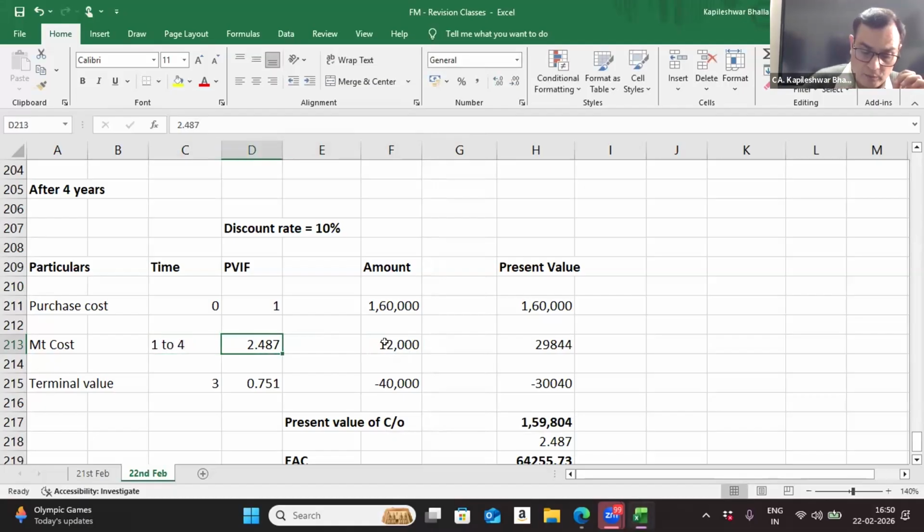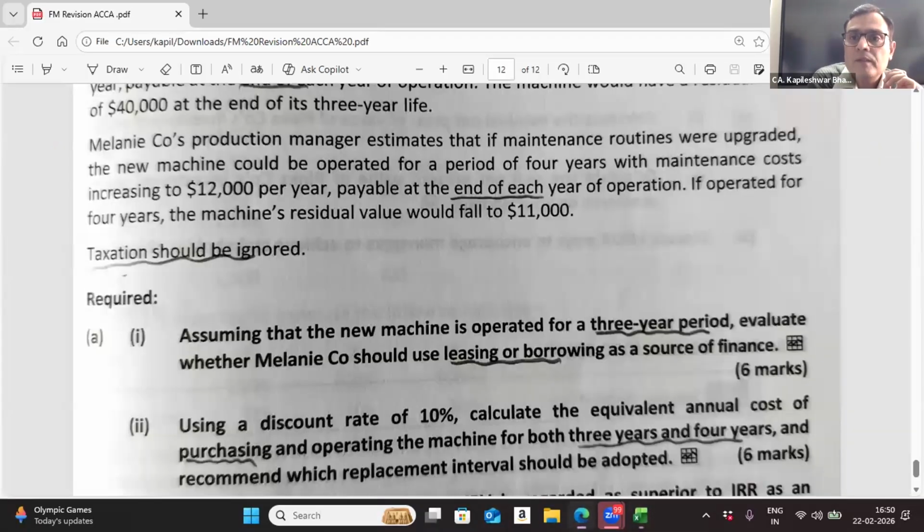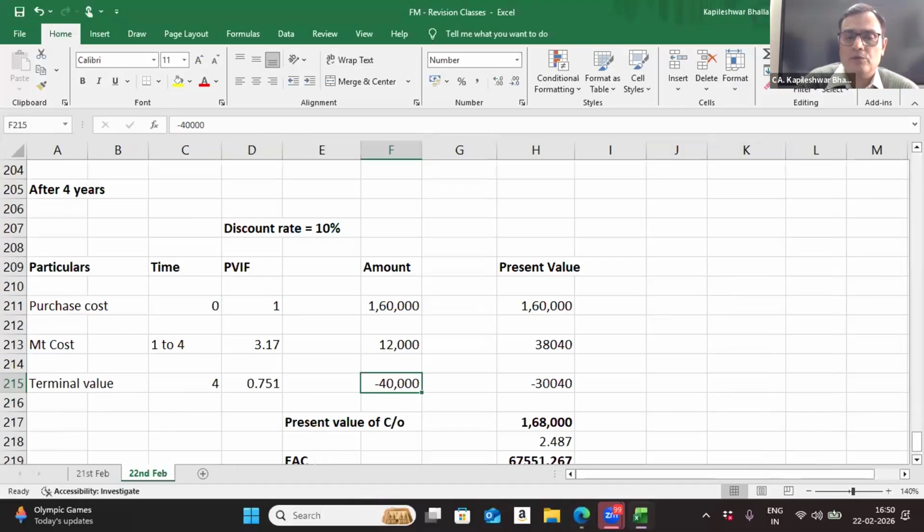So let's see what the 4 years factor is. 1 divided by 1.1, that's 1, 2, 3, 4. This is 3.170. And this will also be at the 4th year. I think this figure is also changing. The terminal value will come down to 11,000.